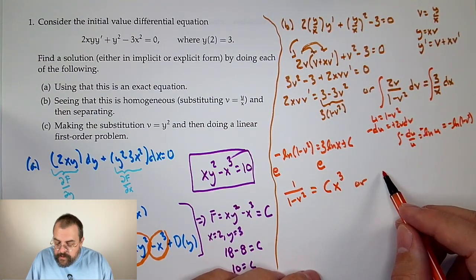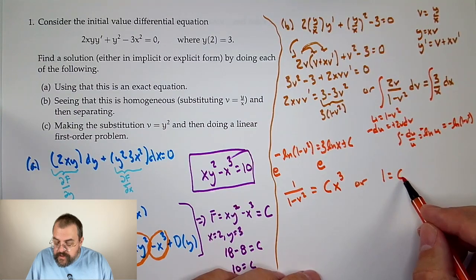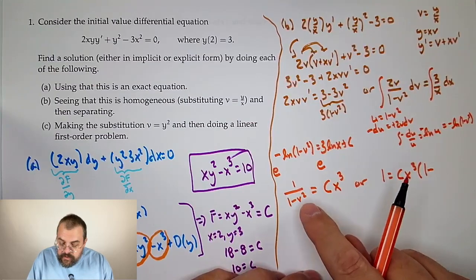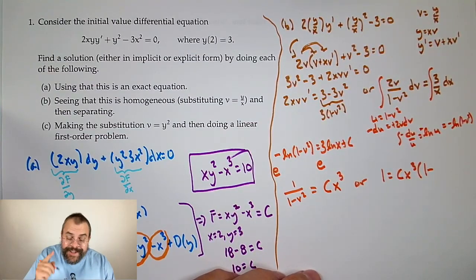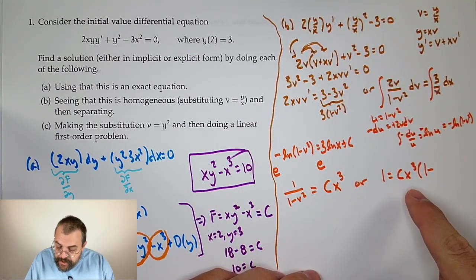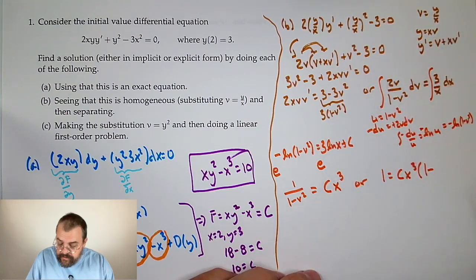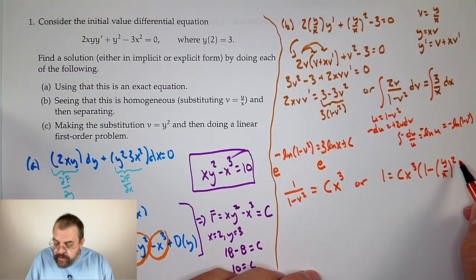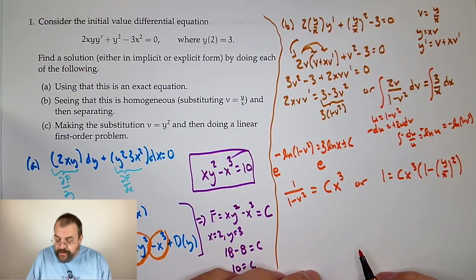Or we could say that 1 is equal to some constant x cubed times 1 minus v squared. But what is v? v is y over x. So this would be y over x squared. All right, great.